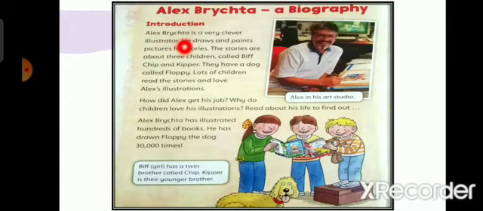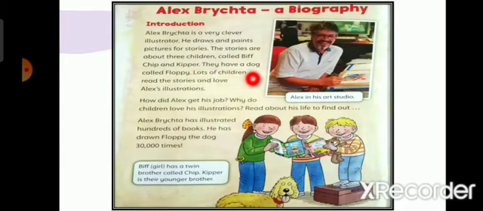Alex Brichta is a very clever illustrator. Illustrator means a person who draws pictures for the books. He draws and paints pictures for the stories. The stories are about three children called Biff, Chip, and Kipper.